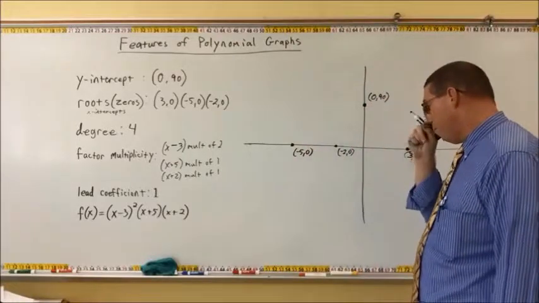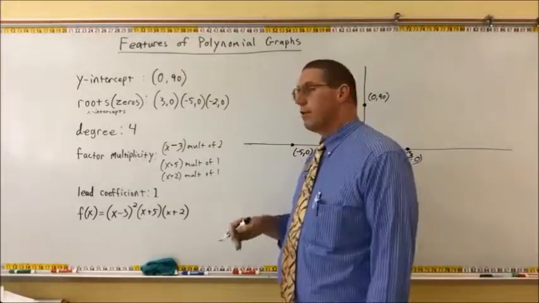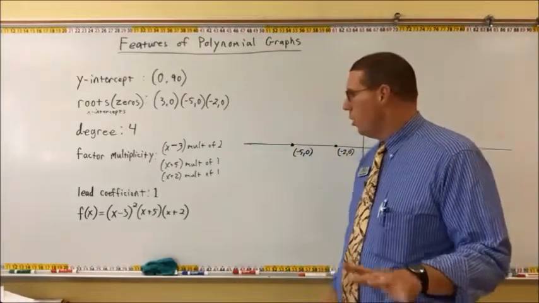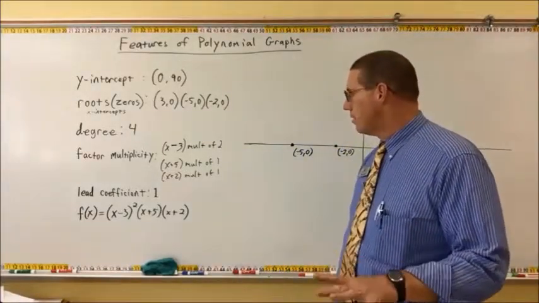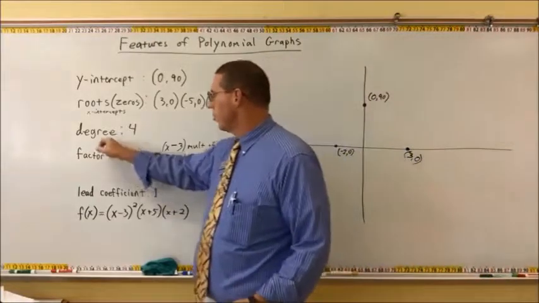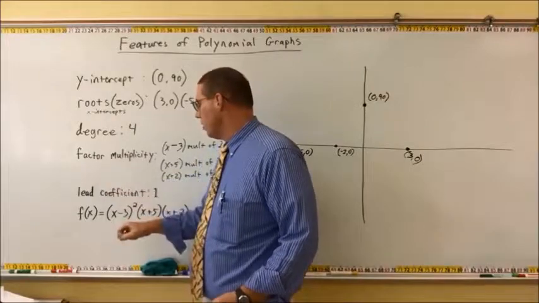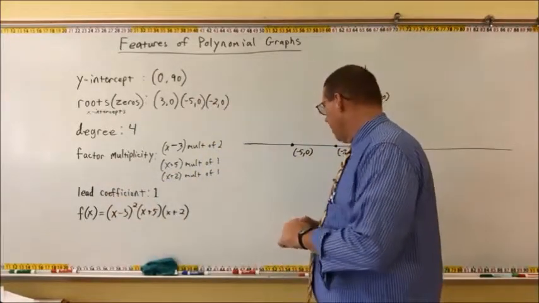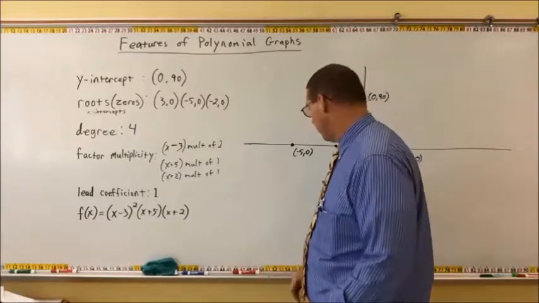Now once we have plotted all of our dots, we can start drawing our curve. Now here's something that you need to understand. To draw the shape of the curve, we have to look at the degree, the factor multiplicity, and the lead coefficient. And here's what I'm going to show you. Let's talk about the lead coefficient first.